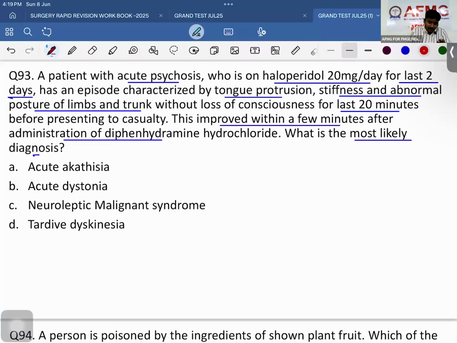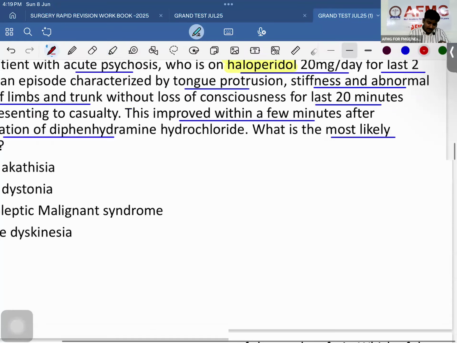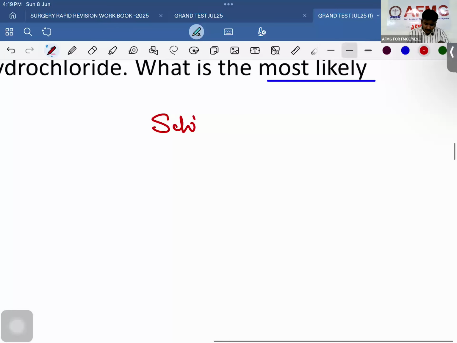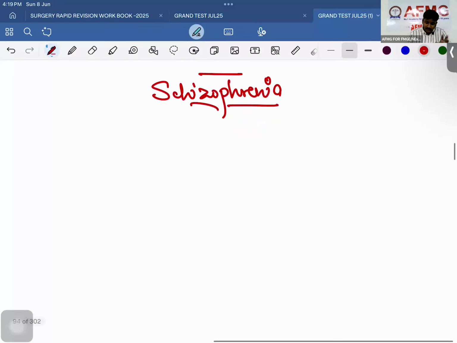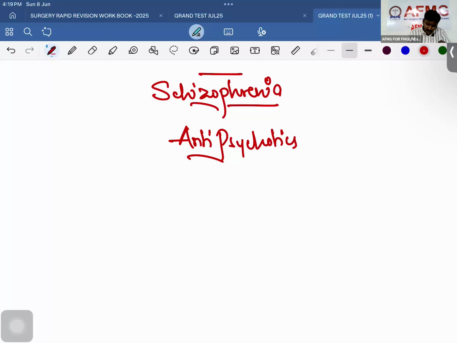Very good. We know that haloperidol belongs to which group of drugs? Antipsychotics. We know, beta, that antipsychotics are used in the management of acute psychosis or schizophrenia. When we give antipsychotics, they are of two groups, typical and atypical.